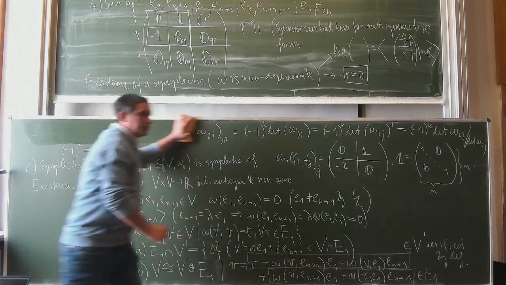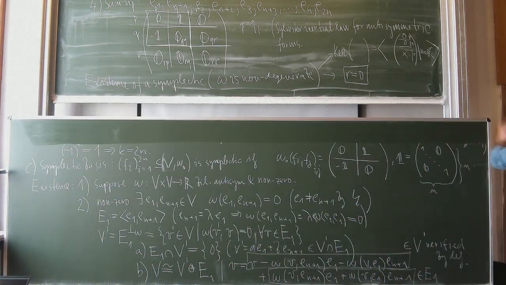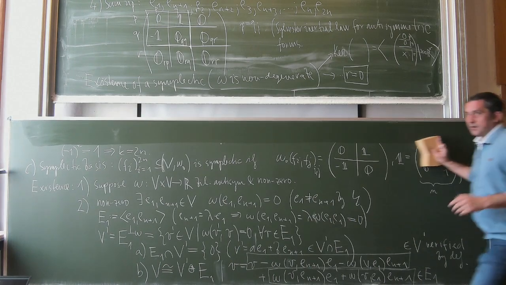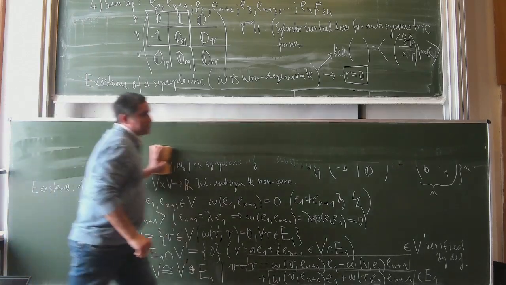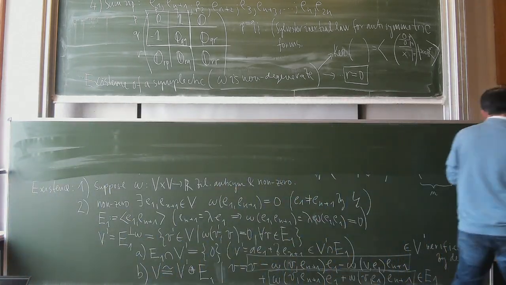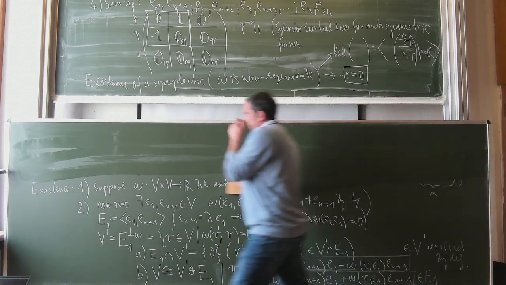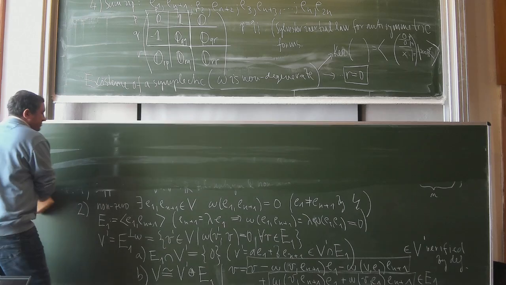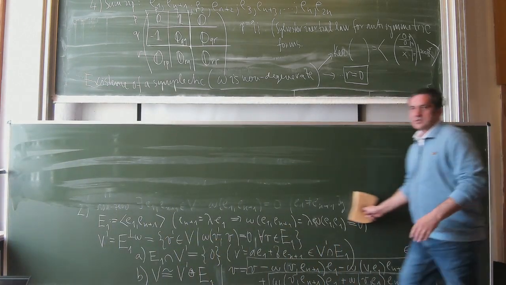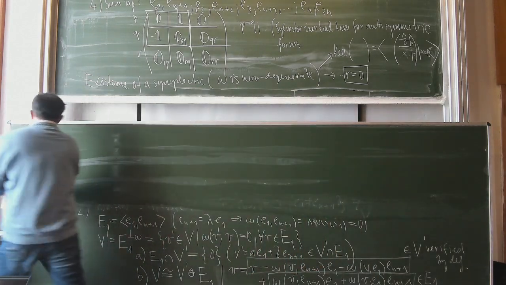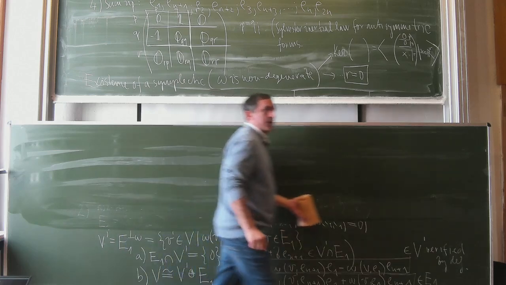So this is a crucial step in symplectic linear algebra. There is also a construction analogical to the Gram-Schmidt orthogonalization. This can serve in a similar way.